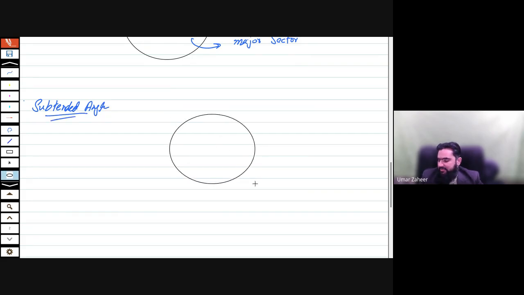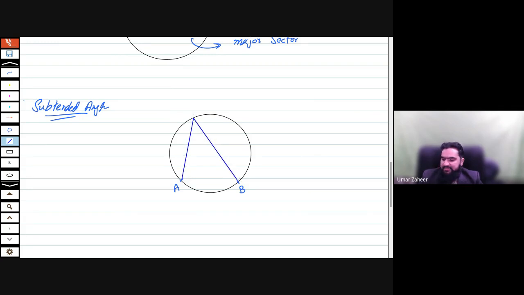For example, you have a circle, and I'm just going to take any 2 points on the circumference. So I'm just going to draw an angle on the circumference. This is the angle that is subtended from AB.